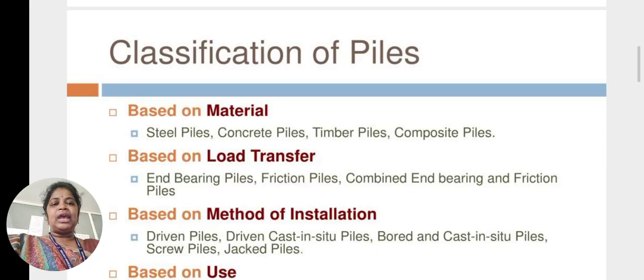End bearing means at the pile tips load will release. Friction means at the skin or sides of the piles load will release. Combined end bearing and friction means some amount of load gets released at the tips and some amount gets released at the skin. So this is the load transfer mechanism, classification of piles based on load transfer.